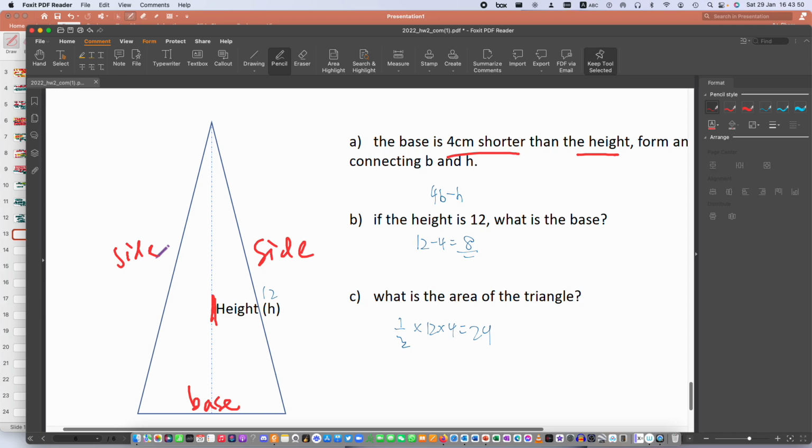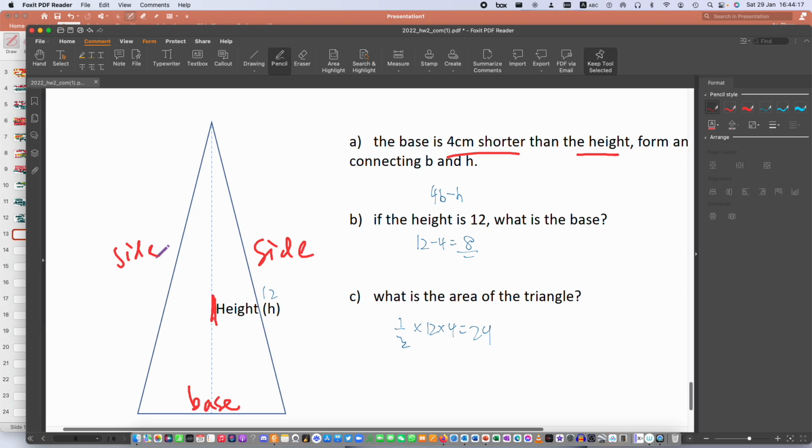You use 9 minus 4. 9 is the height. So we use the height minus 4. Does it make sense?